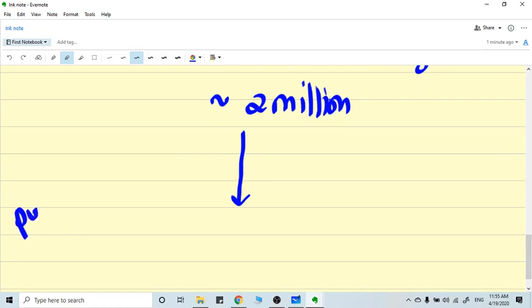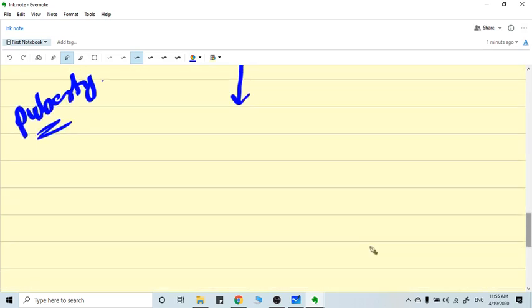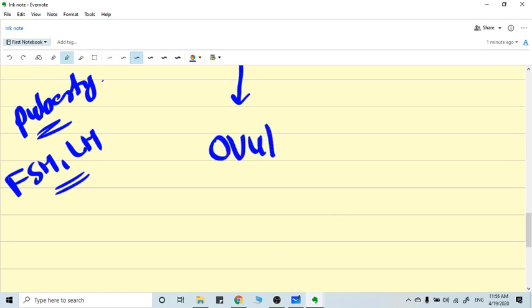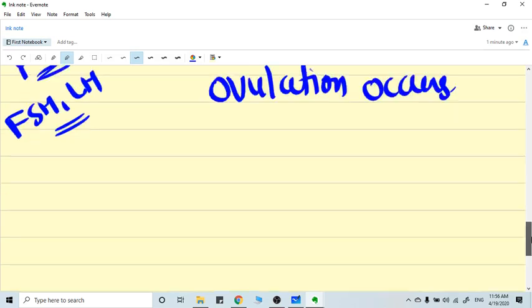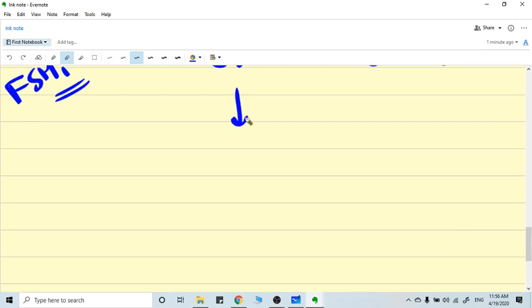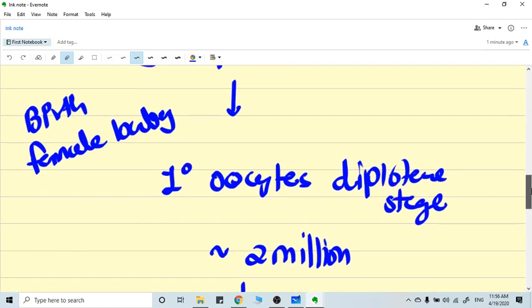Okay, now when there is puberty and reproductive age starts, FSH, LH are acting on the ovary and oocytes. Ovulation occurs, and at the time of ovulation the arrest is released.